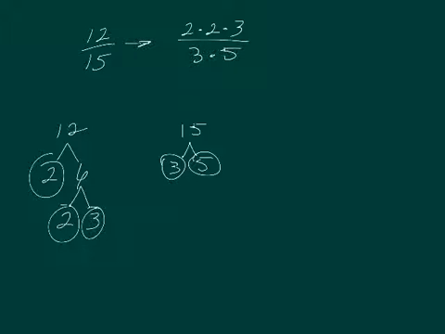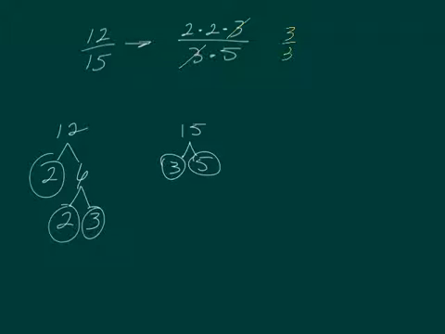And this next part that I'm going to show you is we are going to cross out similar numbers in our numerator and our denominator with our prime factors. So we're going to take our 3 and cross it out, and this 3 and cross it out, because really what we just did is get rid of 3 over 3.